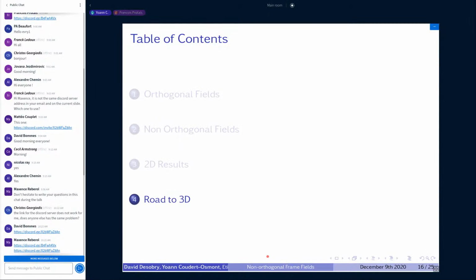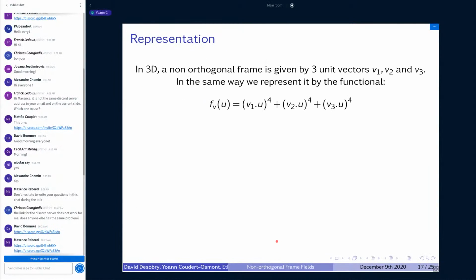So I will extend in 2D what David presented in 2D. First of all, in 2D we could represent the frame by two angles. I said bivector because they were defined up to the sign.